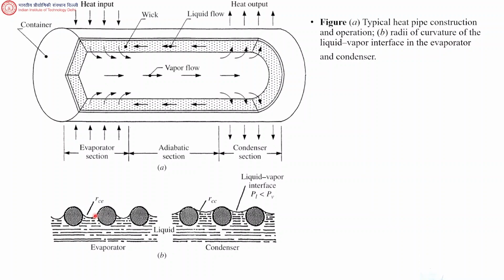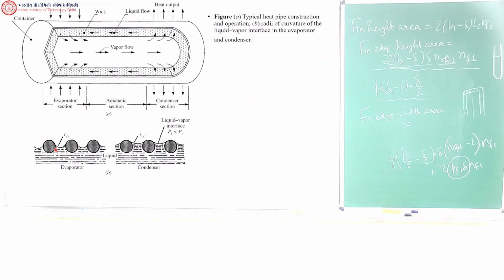If you have a test tube or a manometer or something, what is this called? Interface is okay, but there is also meniscus. So this interface looks a little different from the condenser interface.